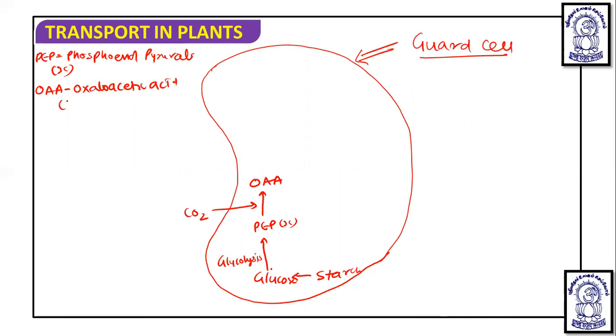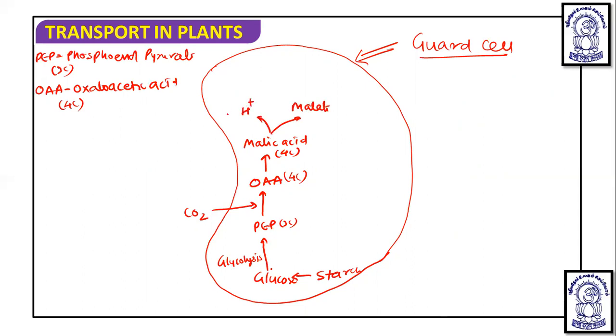Now this oxaloacetic acid is of 4 carbon, and it is further converted into malic acid. This malic acid is also of 4 carbon. Now this malic acid is broken up into malate and H plus.